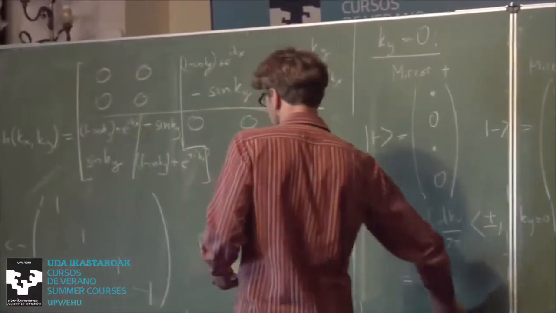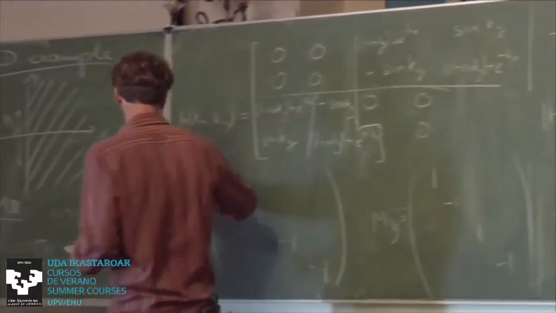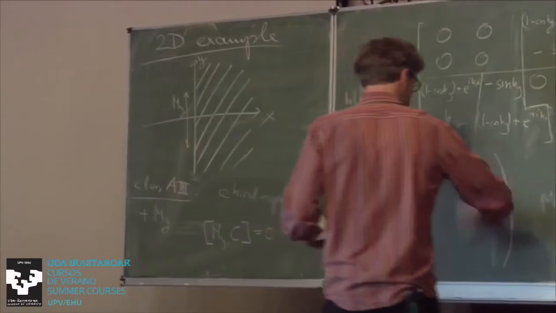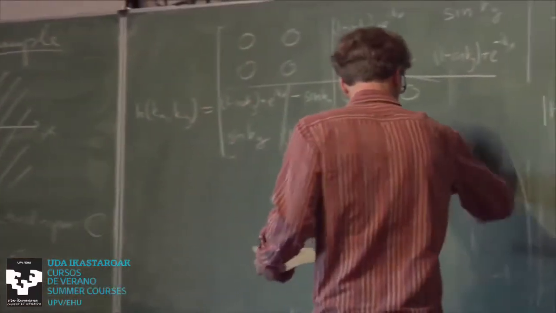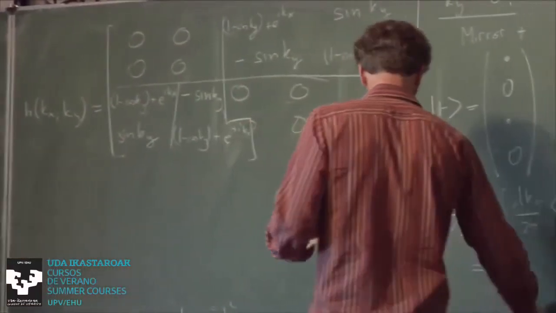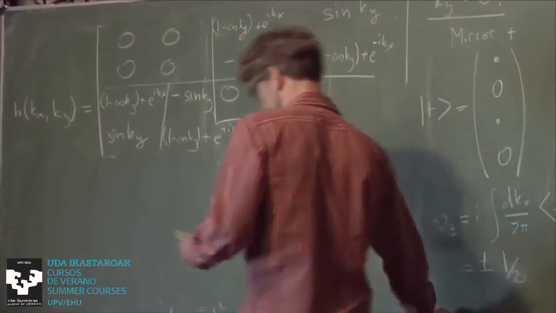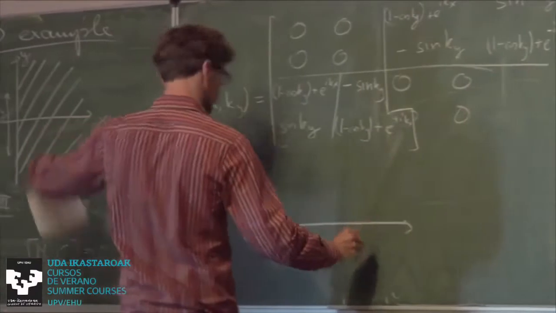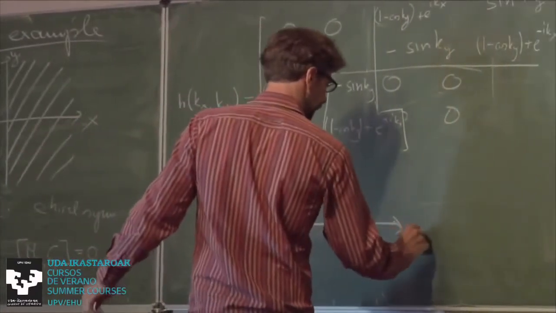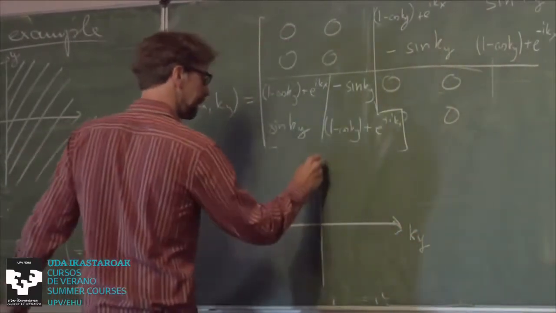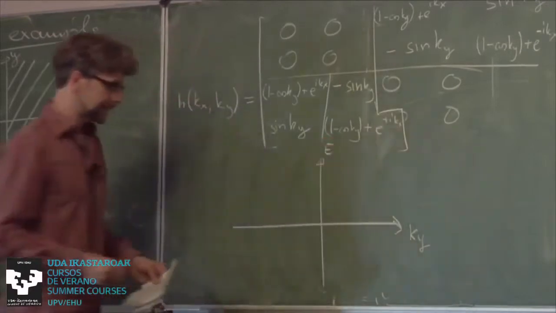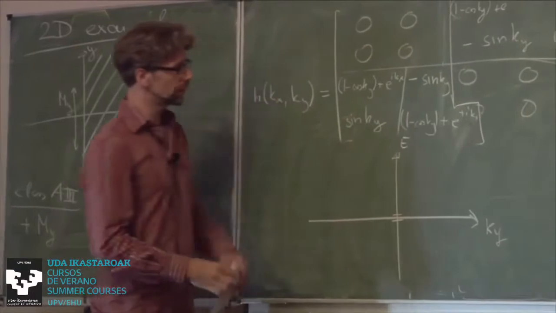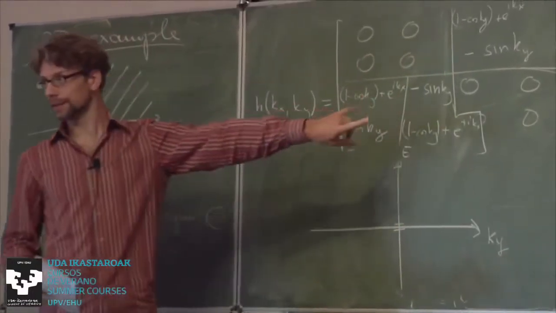And now I can already argue what the spectrum will look like and why this is all protected, or why there is a topologically protected boundary mode appearing. If I look at the spectrum of this system with open boundary conditions as a function of ky, then at ky equal to 0, I'll have these two boundary states from two essentially decoupled SSH models.